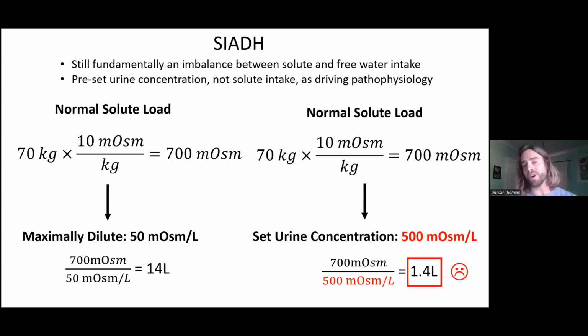Even in a situation where someone has a pretty high set urine osm, if you're able to get them drinking less than 1.4 liters of free water per day, you will get them below that safe free water intake, and the kidneys will gradually pee off extra free water, and you will gradually get your sodium and tonicity back to a normal place. The tricky part is this 1.4 liters of free water, that's really hard. That's not easy for patients to do.